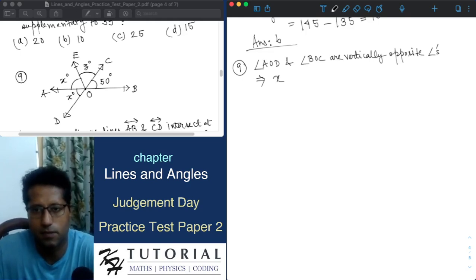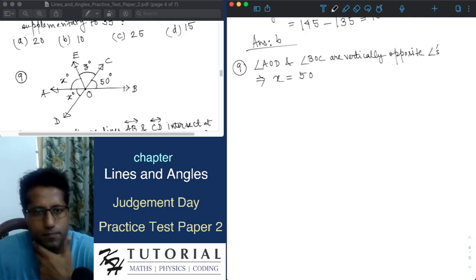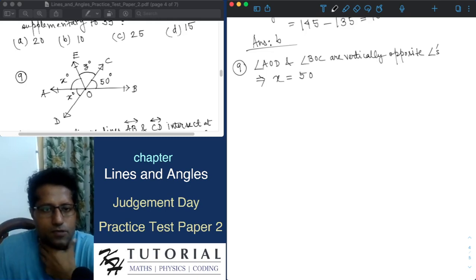This implies x equals angle BOC, which is 50 degree. So x is 50.